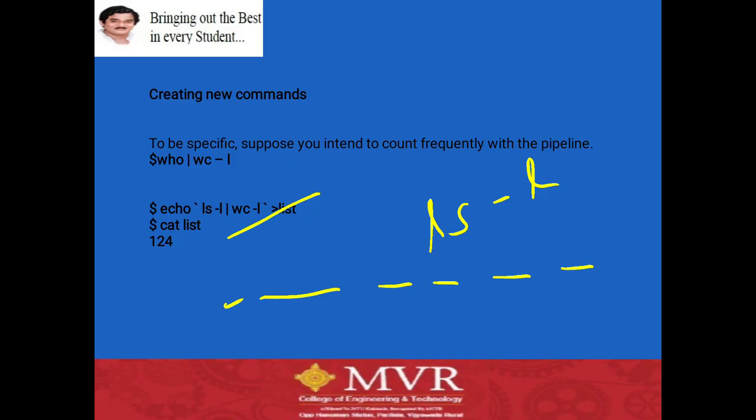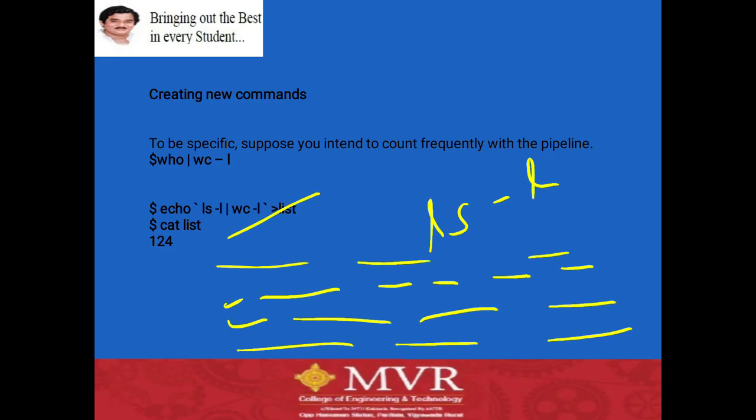So if you have, say, 1000 files or 100 files in your directory, all the details will be displayed. But what I want is only the count of the number of files. So I have piped this to wc -l. Again, whatever the output of the ls -l command is will be given as the input to wc -l.